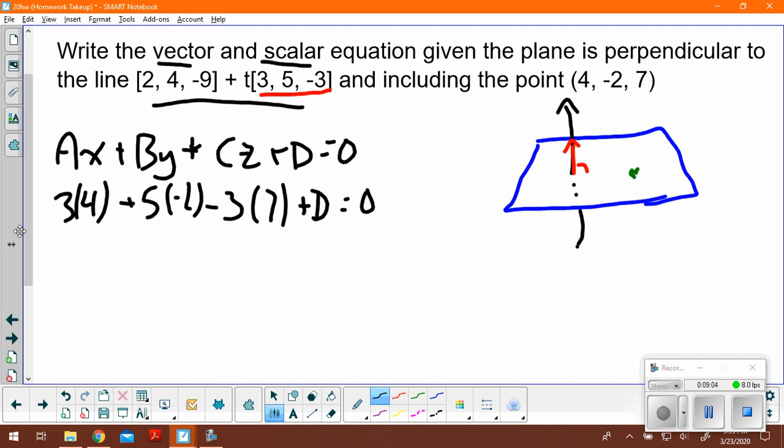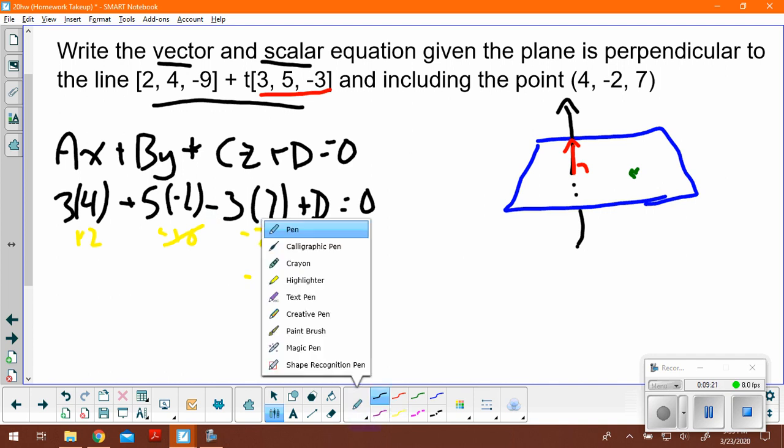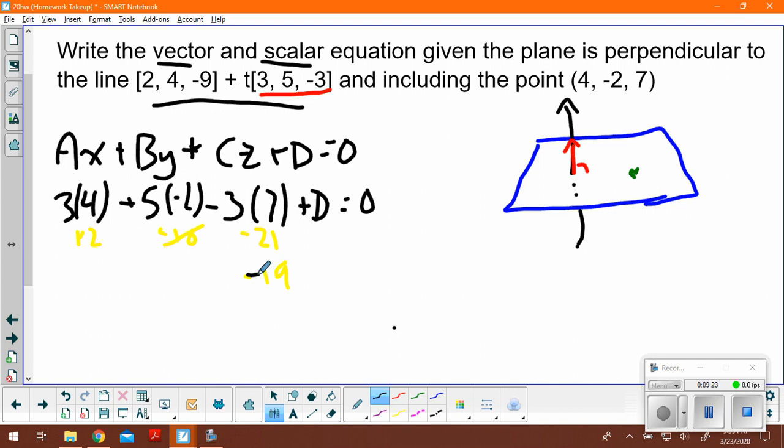So let's see here. 12, -10, -21. We got 2 take away 21, so -19. -19 plus d equals 0, so d is equal to 19.